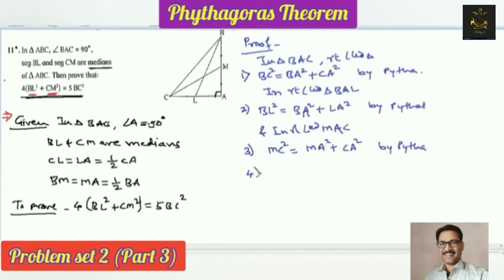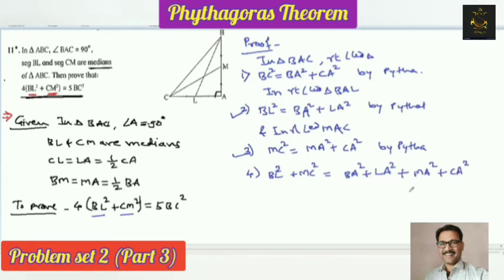Now observe here. What do we need? BL square and CM square. Where are they? Here it is, BL square and CM square. Adding these two, BL square plus MC square is equal to this side BA square plus LA square plus MA square plus CA square.